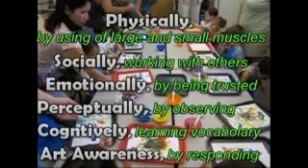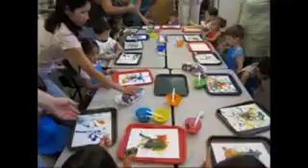Perceptually, by observing the visual effects of their motions and identifying the results: color, shape, and lines. Cognitively, by learning a painting vocabulary and observing how paint changes physically when it mixes and dries. And lastly, art awareness, by responding to paintings done by different artists.